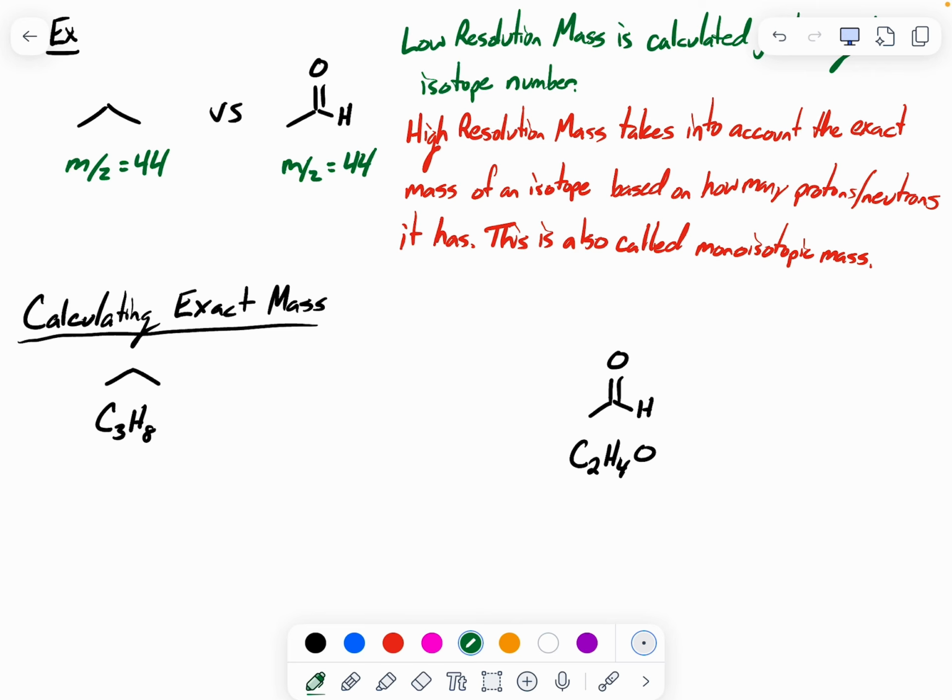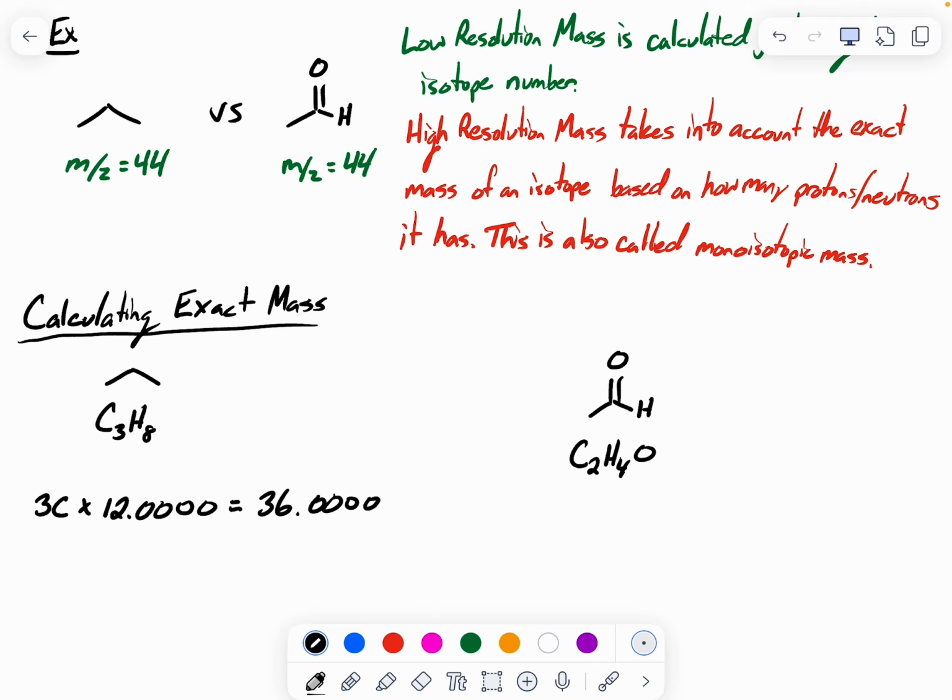Propane, C3H8. What we would be doing is we'd be saying, okay, well now we're still doing those same mass calculations where we're taking our 3 carbons, but now we're multiplying it by the exact mass, which for carbon is easy. It's 12.0000. And that still comes out to be 36.0000.